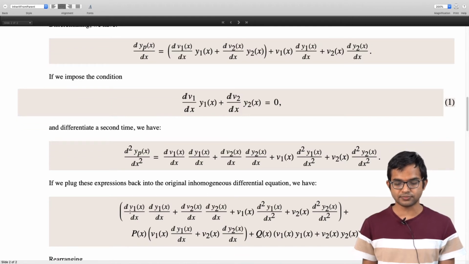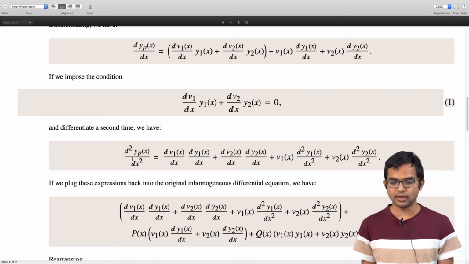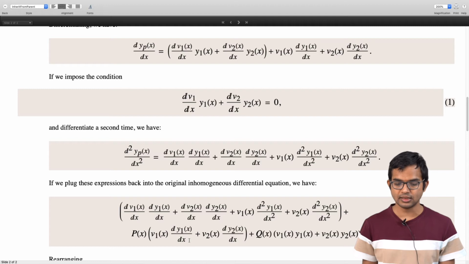So now this whole stuff is the second derivative of yp, d squared yp by dx squared. I have put down all these four terms, then plus p of x times the first derivative. The first derivative is just these guys, this part alone, because the first two terms add up to 0 according to the way our condition has been imposed.